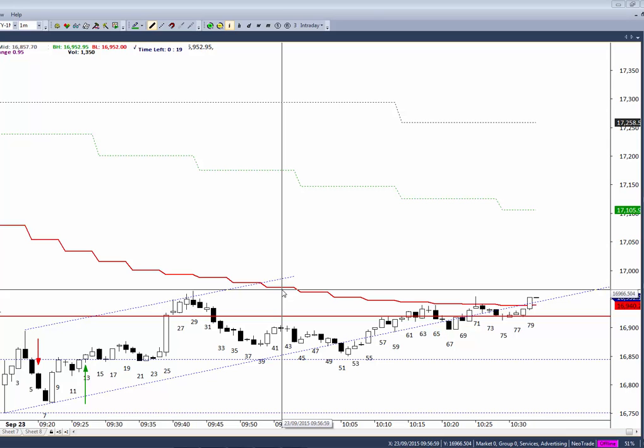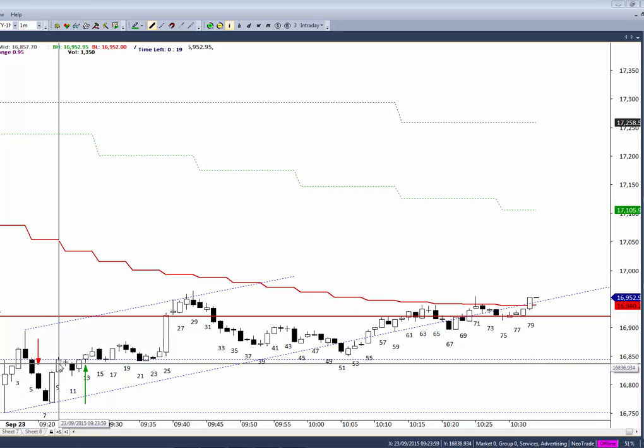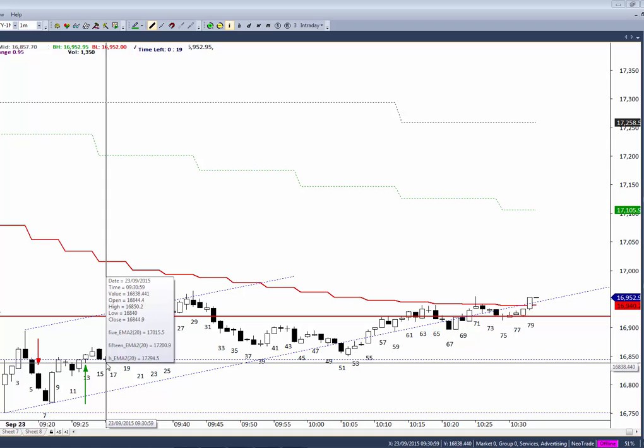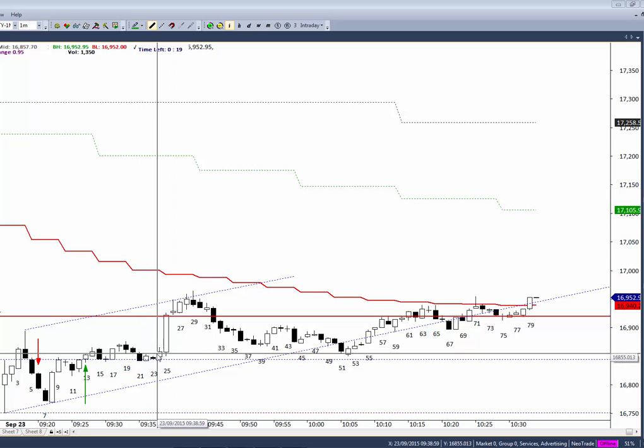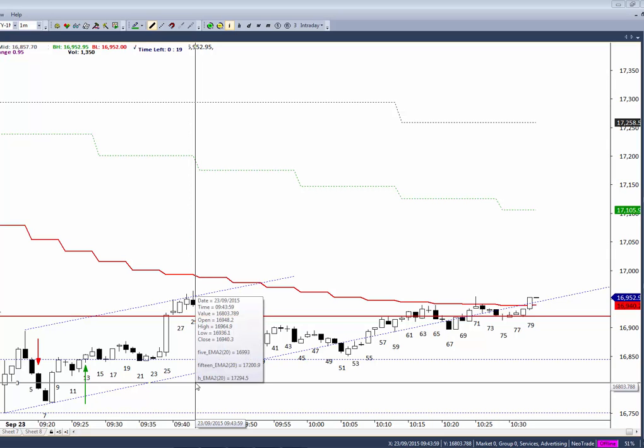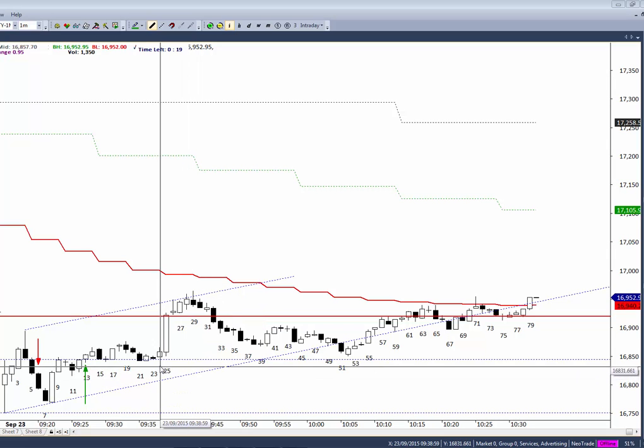Our entry for this long is 16,849.25, and this came close to 16,840. We used 10 point stop loss, so we just missed it by few ticks. It came down again to 16,841, so we were saved by almost a point or so.